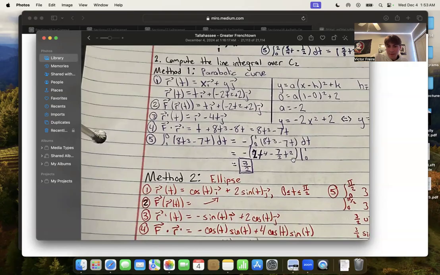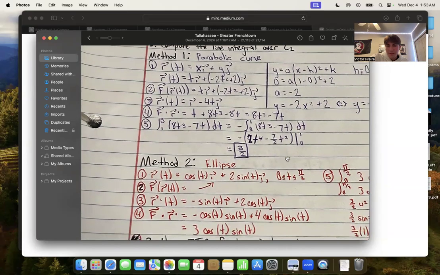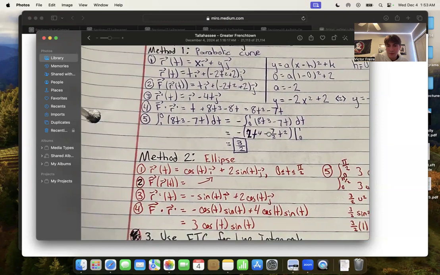So when we take the integral of this, we're left with this right here: 2t to the 4th minus 7/2 t squared. Sorry about that, guys.